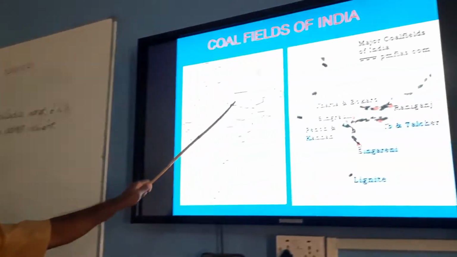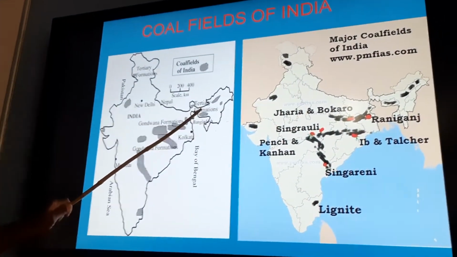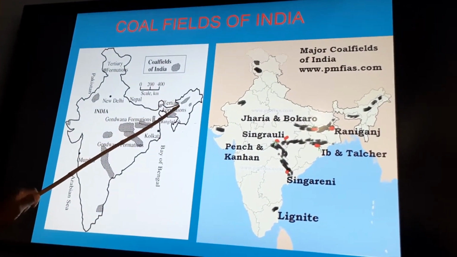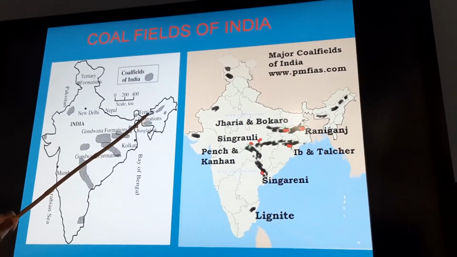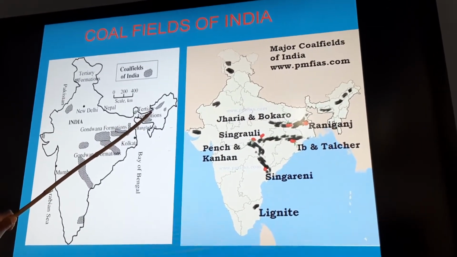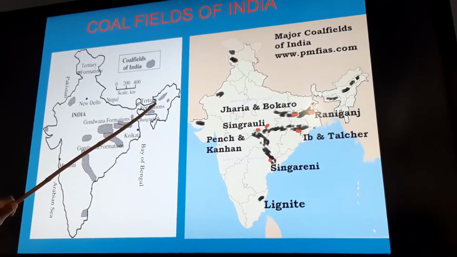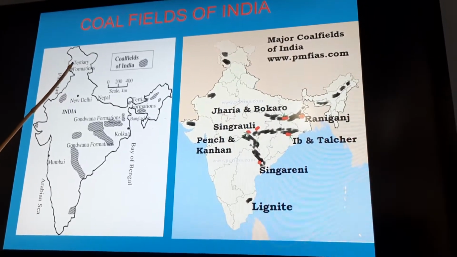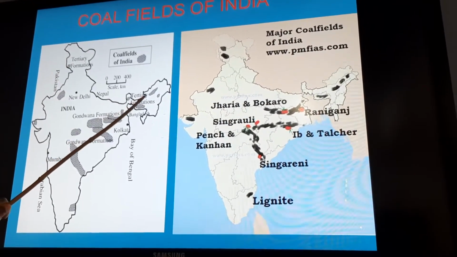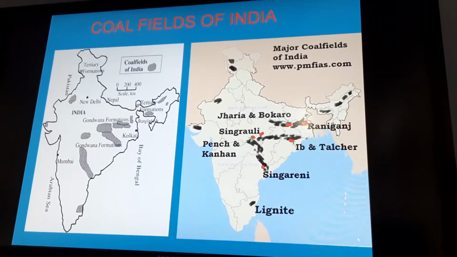At the same time, tertiary coal is around 55 million years old, good quality coal, mainly found in the northeastern regions of India and some parts of Kashmir.